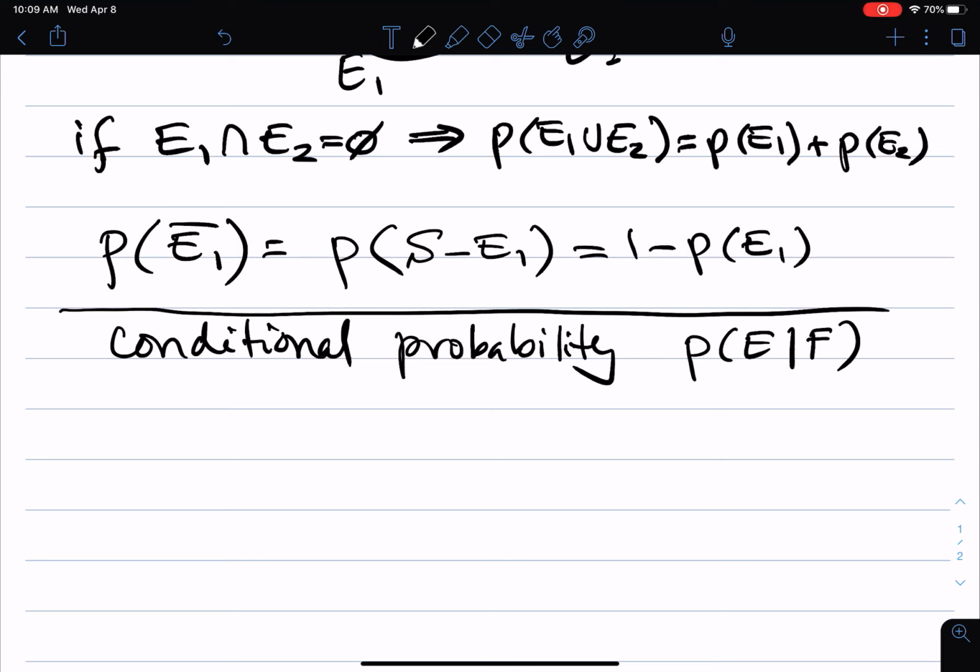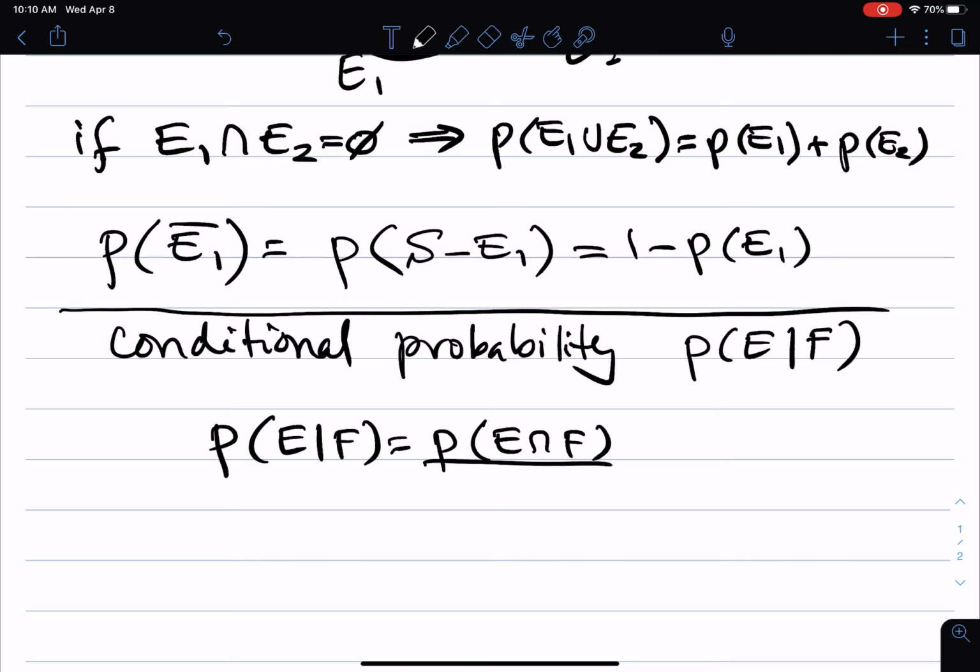And what is the definition of this? The probability of E given F is the joint probability of E and F, divided by the probability of F. Of course, for this to be well defined, the probability of F cannot be 0.